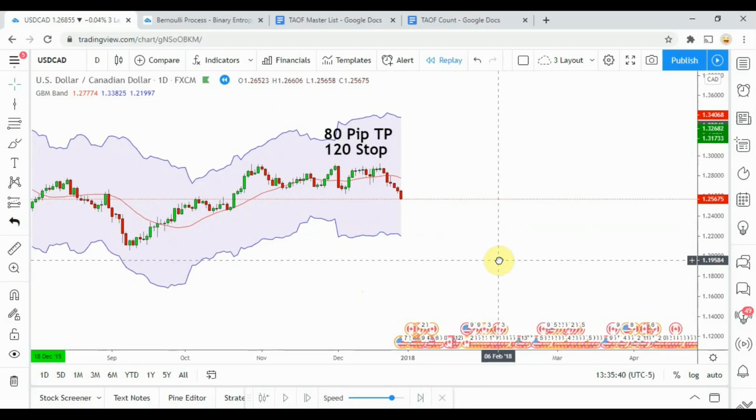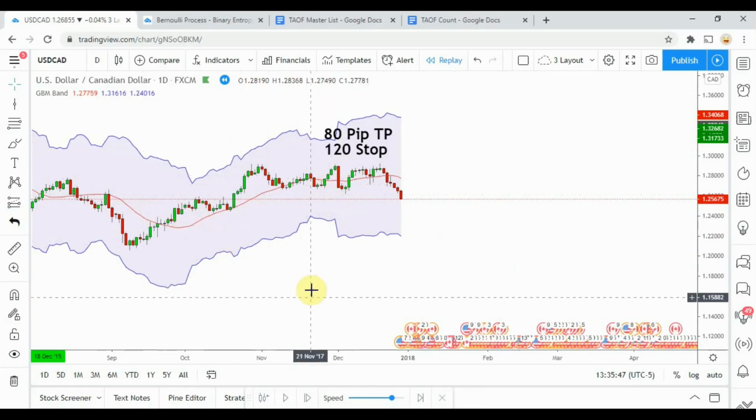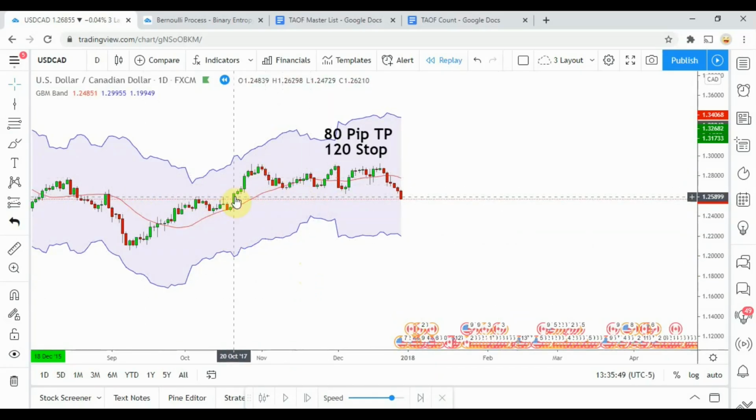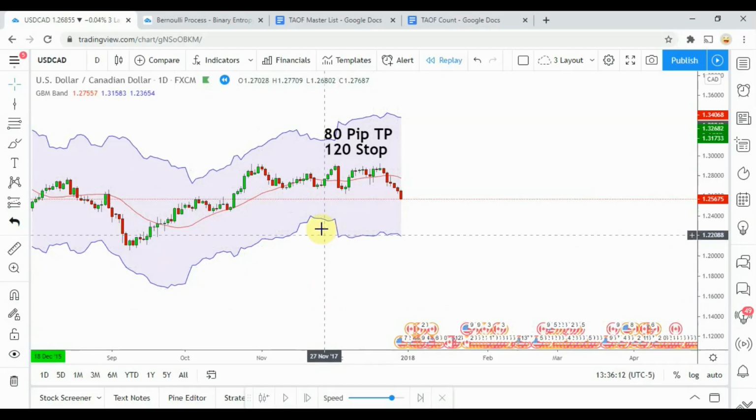Once again, that is the reason I thought it best not to test the bands, but to test the center line, before I knew exactly what the center line was. Had I known that the center line was a simple moving average, I may not even have tested it at all. But hey, that's where we start to think outside the box. We look at people's opinions and ideas, and then we take that information and start digging down a little bit deeper and deeper. And so here we are.